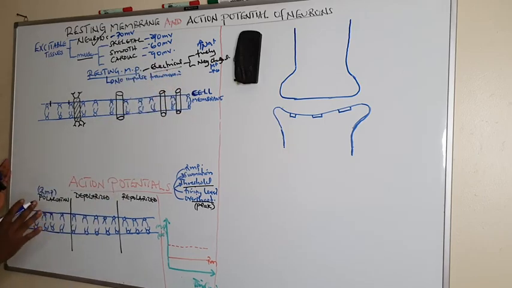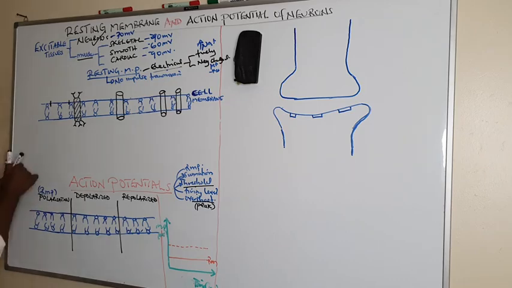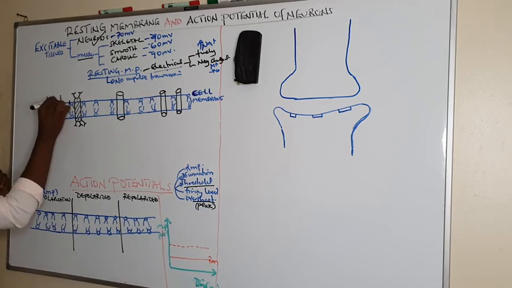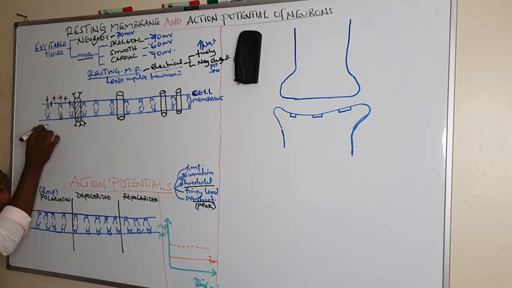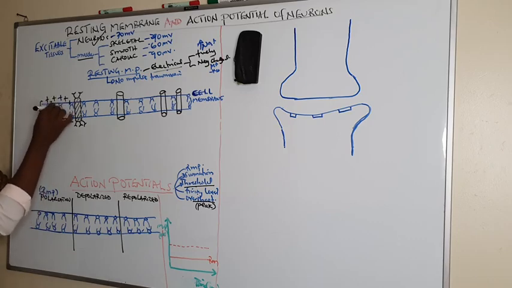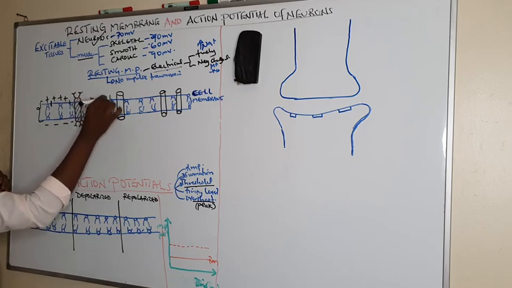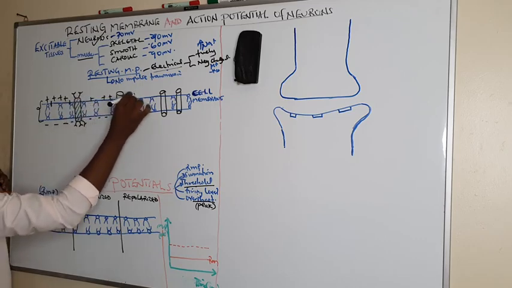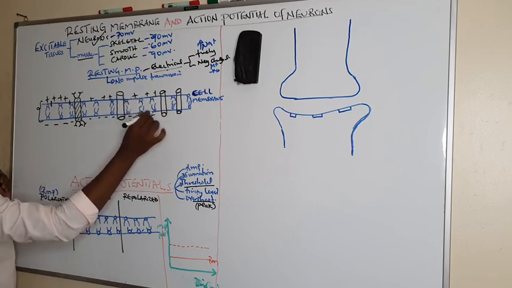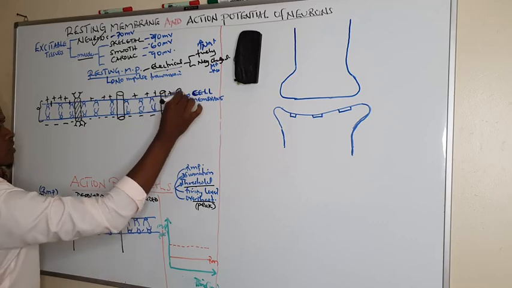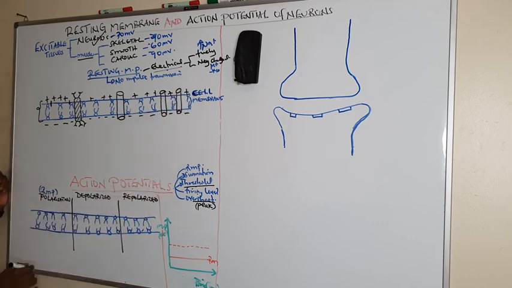So after knowing this resting membrane potential, that it is the electrical signal of the cell whereby the outside of the cell is positively charged and the inside of the cell is negatively charged, this is the cell membrane, then this is the phospholipid bilayer. When the outside is positively charged and the inside is negatively charged, that is what we are calling the resting membrane potential.